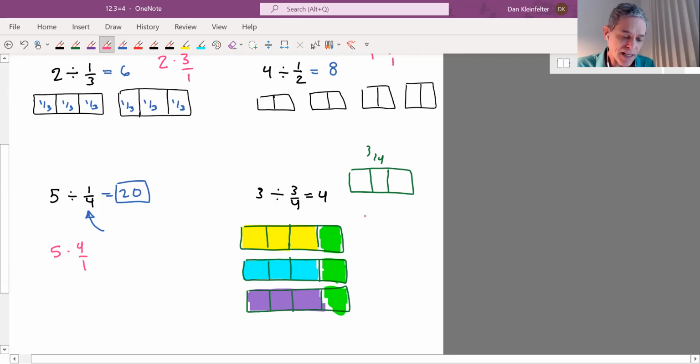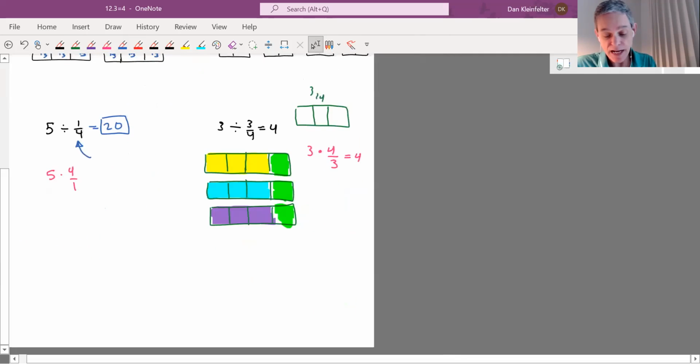And even in this next one, 3 divided by 3/4, we ended up calculating 3 times 4/3. So we ended up kind of trading the 3/4 for a 4/3 and turning it into a multiplication, and that's what it's for. So we're going to base our method of calculating fraction division on that observation. So that's coming now.